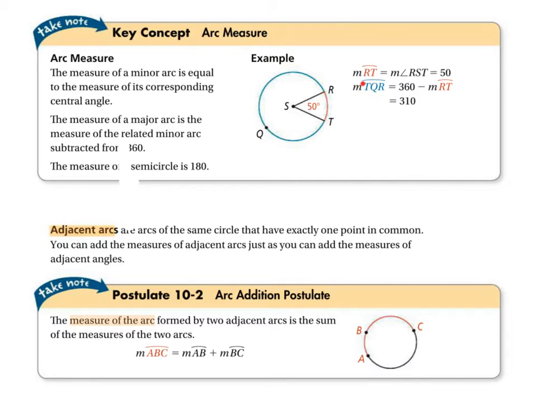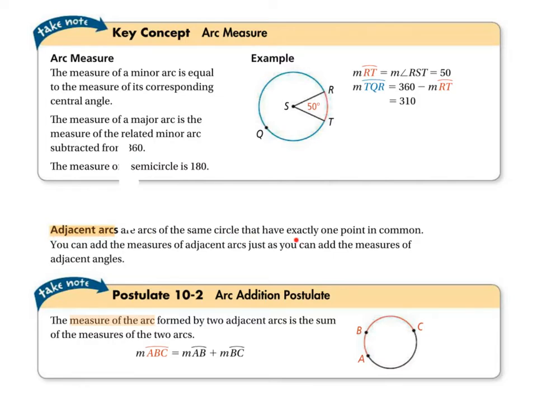Remember, you have to label it with the point that it goes through the long way, T to Q to R. So that's what it says over here: the measure of a major arc is the measure of the related minor arc, in this case 50, subtracted from 360. So 360 minus 50 gives us 310. And the measure, of course, of a semicircle is 180. You should already have intuited that.